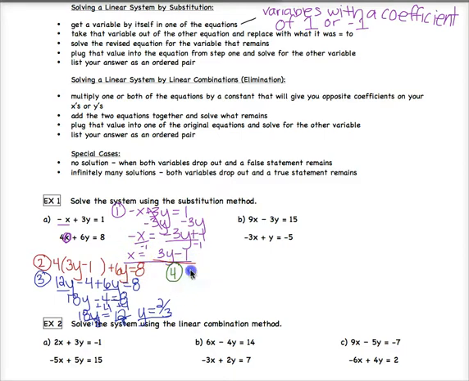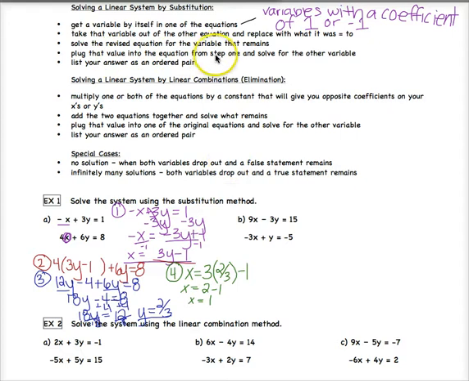So I've got x equals, instead of the y, I'm putting in what I know it's equal to, which is 2/3, and then minus 1. 3 times 2/3 is just 2, so x equals 2 minus 1, which is 1.